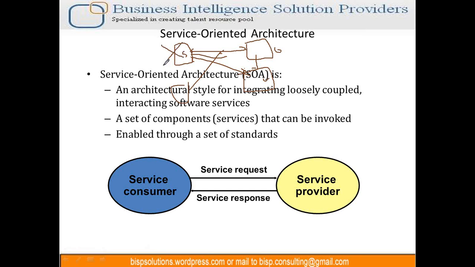So what SOA says is, rather than doing that, why not expose everything as a service, and then have a middleware which caters to each of them. That means my Siebel is created as a service, my Oracle Apps is created as a service, my Oracle Financials or other system is created as a service, and SOA sits in the middle. The integrations are something like this.